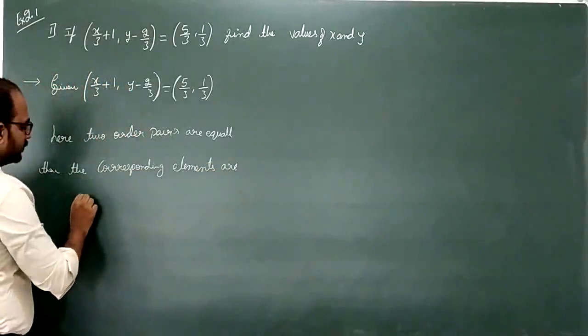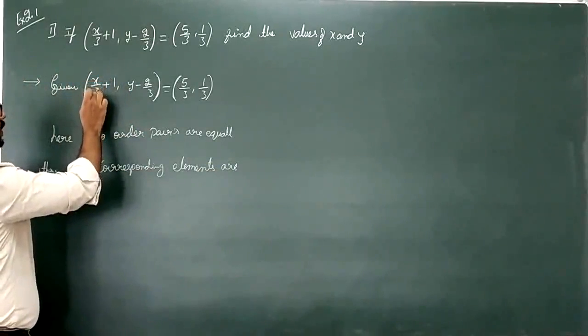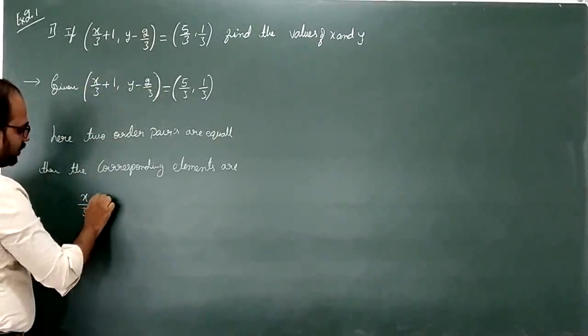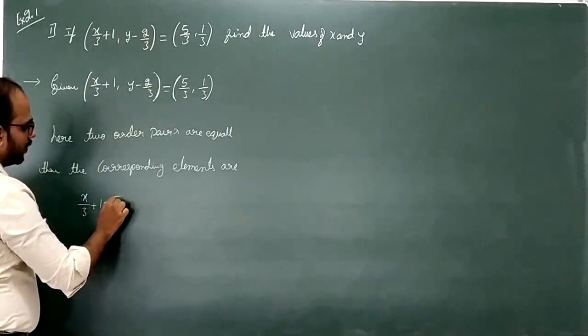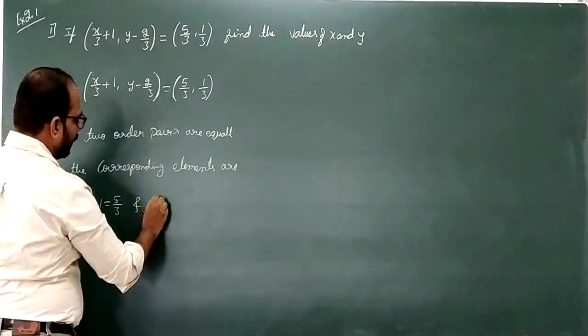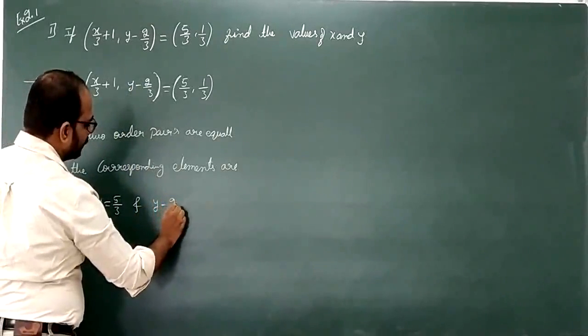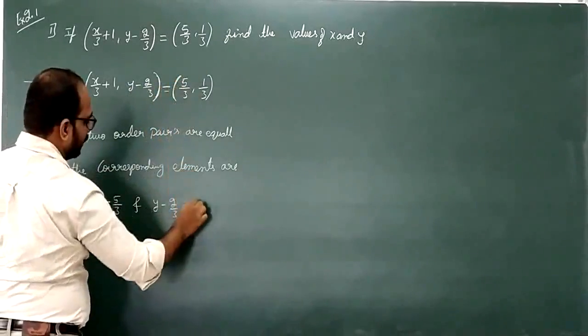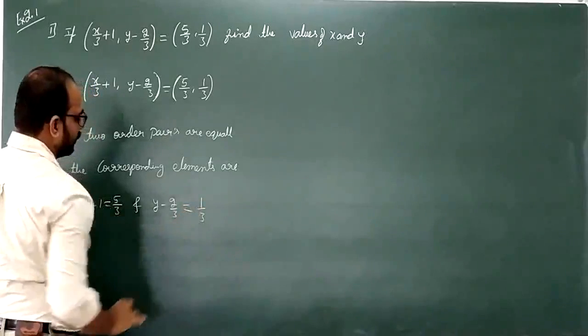According to that, x by 3 plus 1 is equal to 5 by 3, and y minus 2 divided by 3 is equal to 1 divided by 3.